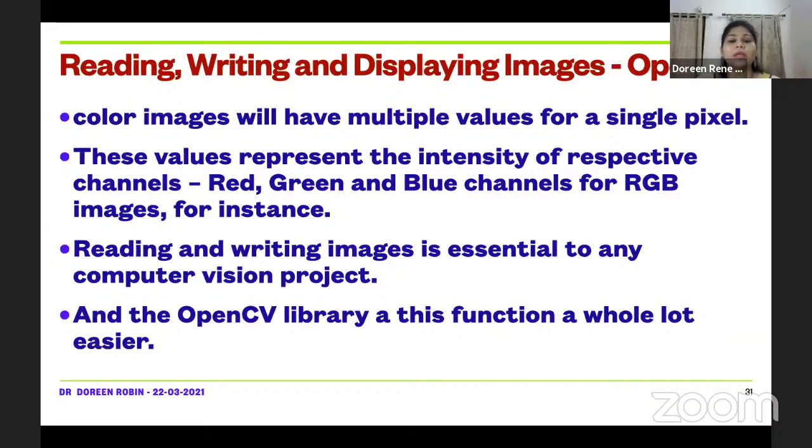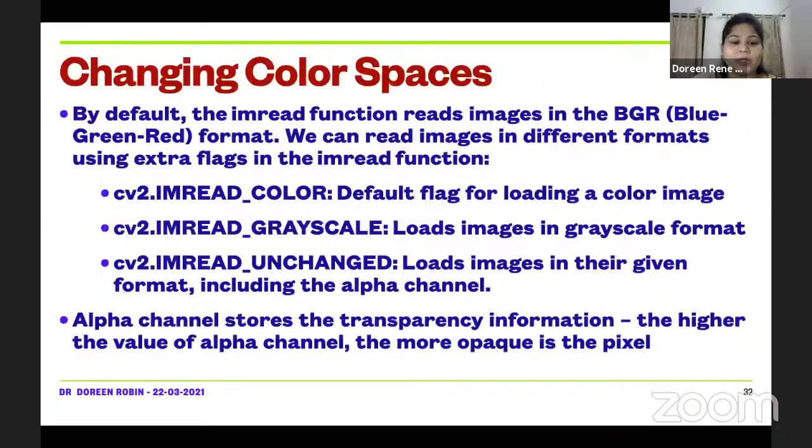Okay, so reading is very essential. So we'll see how we are going to do it. By default, the image reads in blue, green, red format. Okay, but we can read it in different formats. I'll show it to you now. How do you read an image using CV, computer vision?